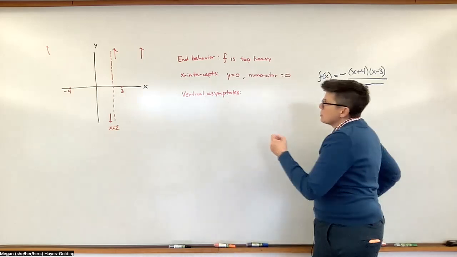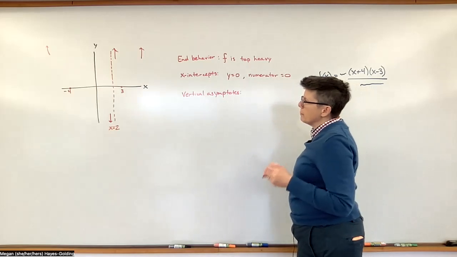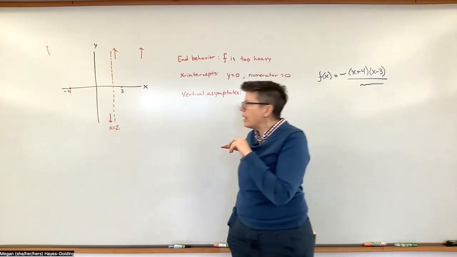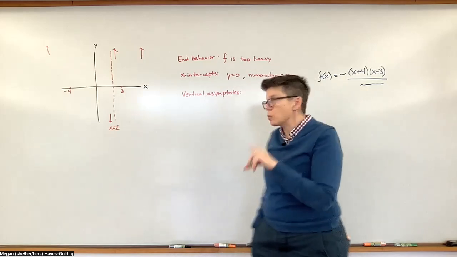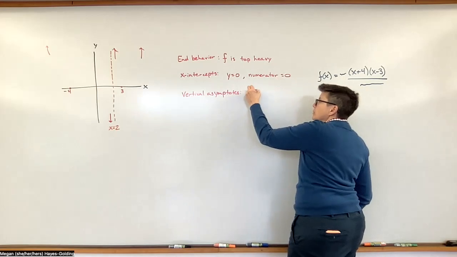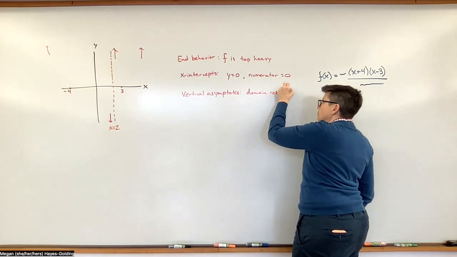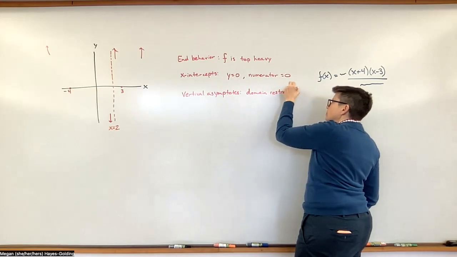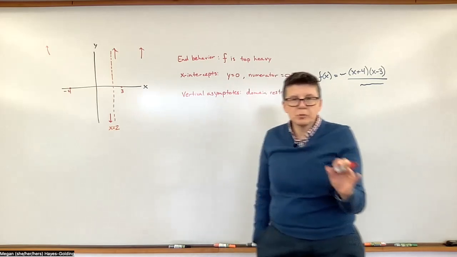Vertical asymptotes. What does that mean? X equals 2 is not in the domain of this function. So this is going to tell us domain restriction, meaning X equals 2 is not possible in this function.